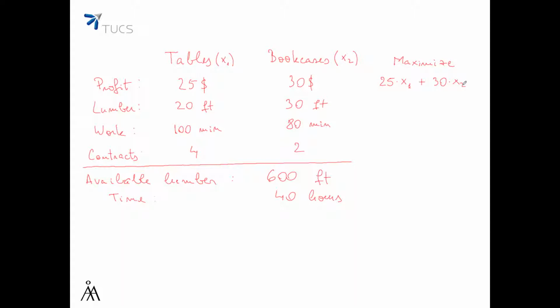The amount of lumber he uses has to be under 600 feet, so that means that 20 times x1, which is the amount of lumber that goes into making tables, plus 30 times x2, this has to be smaller than or equal to 600.